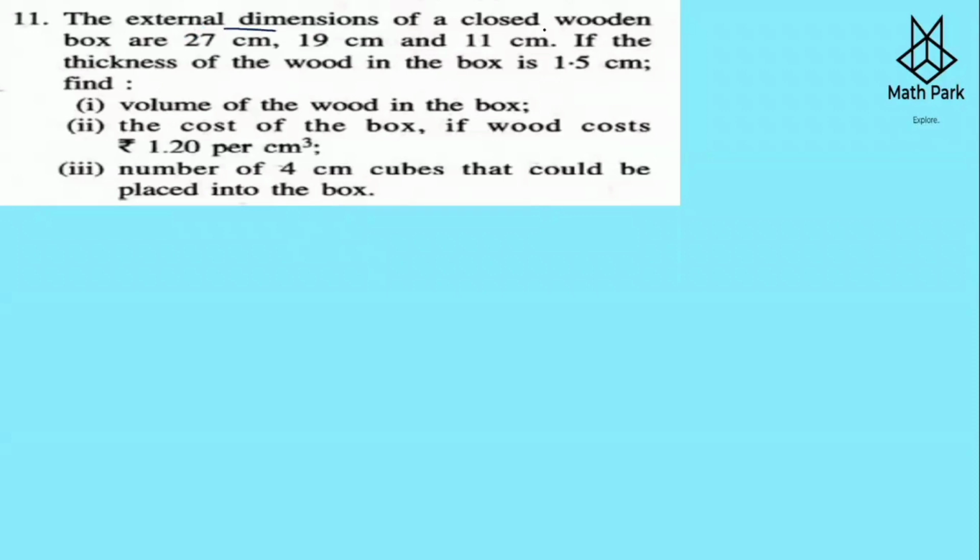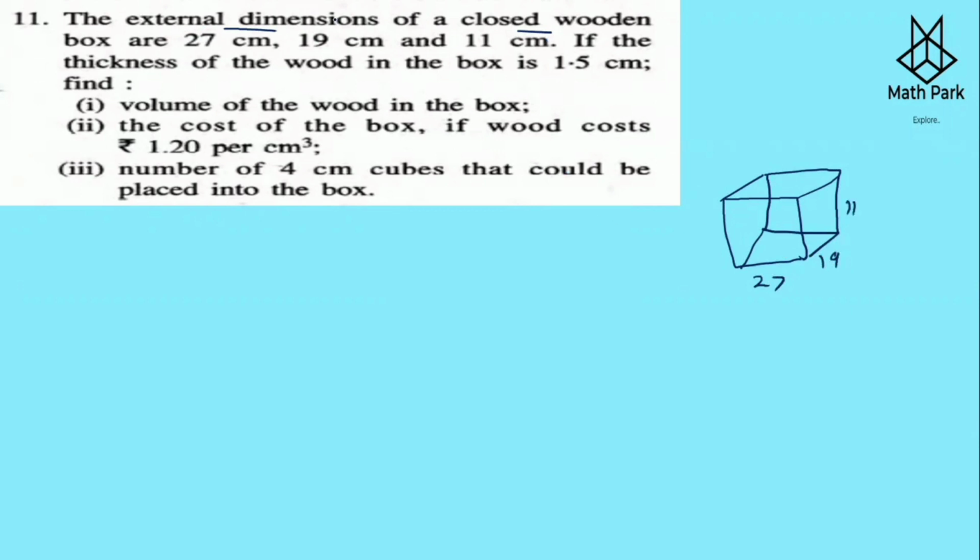External dimensions of a closed wooden box. So you have a cuboidal wooden box, and this box has some thickness. A cuboidal wooden box of the dimensions: the length is 27, the breadth is 19, and the height is 11 centimeter.